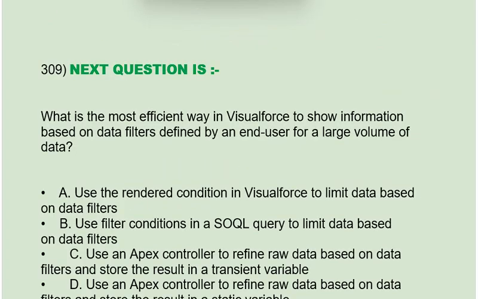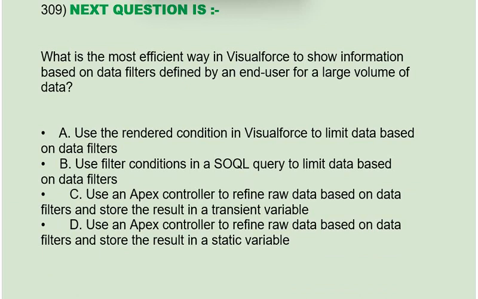Question: What is the most efficient way in Visualforce to show information based on data filters defined by an end user for a large volume of data? Option A, use the rendered condition in Visualforce to limit data based on data filters. Option B, use filter conditions in a SOQL query to limit data based on data filters.